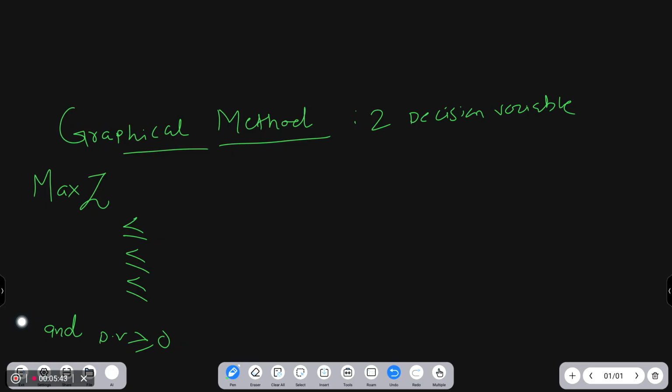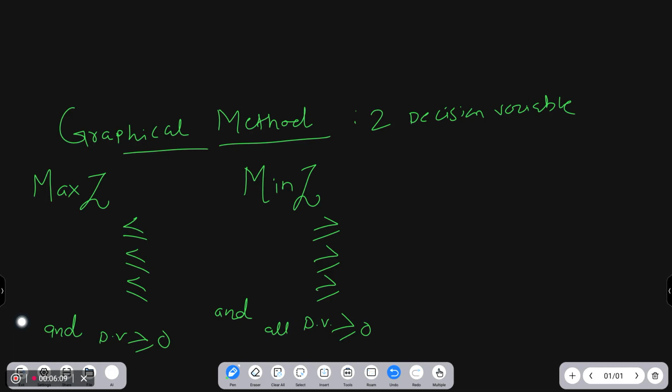Now, the other one: my objective function can be of the type min z. If my objective is of the type min z, then my constraints should be greater than or equal to, and all decision variables must be greater than or equal to 0.